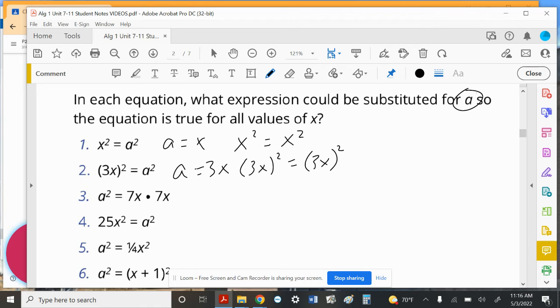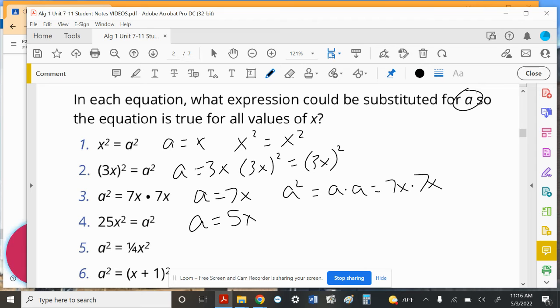On the third one, we can make a equal to 7x, because a squared means a times a, which is 7x times 7x. This bottom one, what can we make our a in this particular case? To get the 25, the first part is a would have to be 5, and the second part is that we would have to put an x in there.